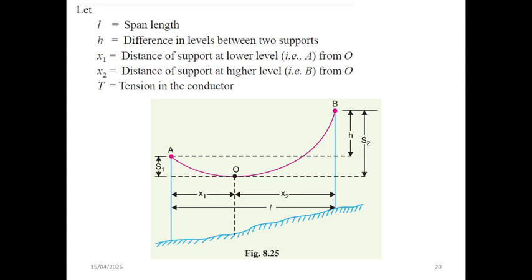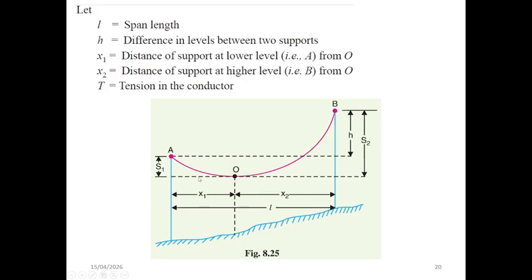The total span length is denoted by L, while H represents the vertical difference in height between the two supports A and B. The lowest point of the conductor is labeled O, and its position is not centered due to the unequal elevation. The horizontal distances from point O to the lower support A and the higher support B are given by x1 and x2 respectively.